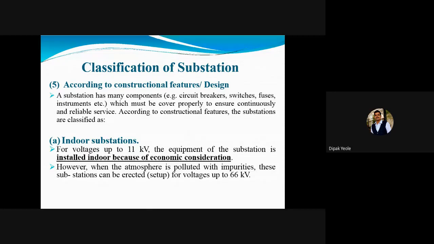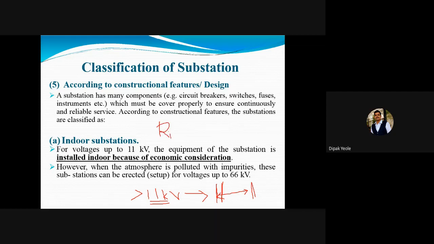That is a limitation, because I told you whenever we go beyond 11 kilovolt, there is a possibility of high voltage occurring, and this high voltage needs a clearance. Let's say this is conductor 1 and this is conductor 2. We need to maintain clearance between these two lines, because if we keep them together, interference will happen. How does the interference happen?